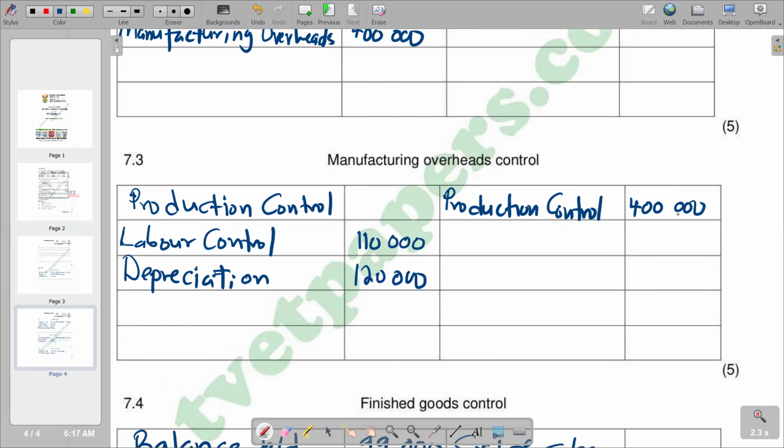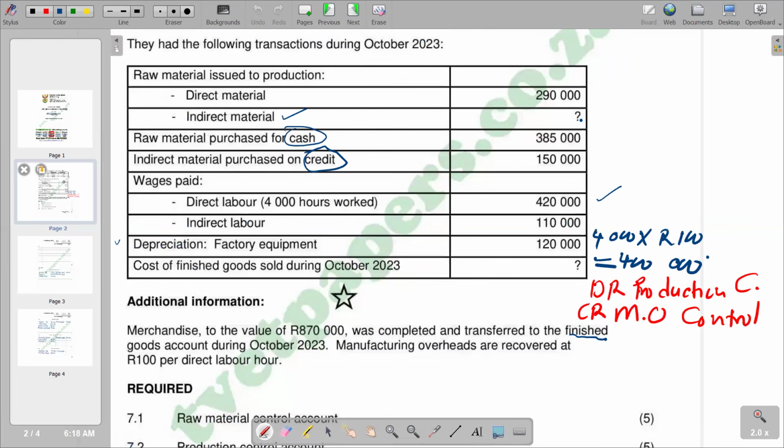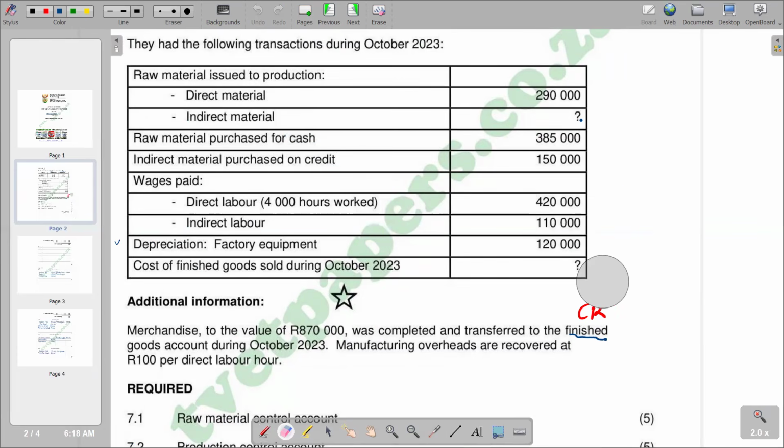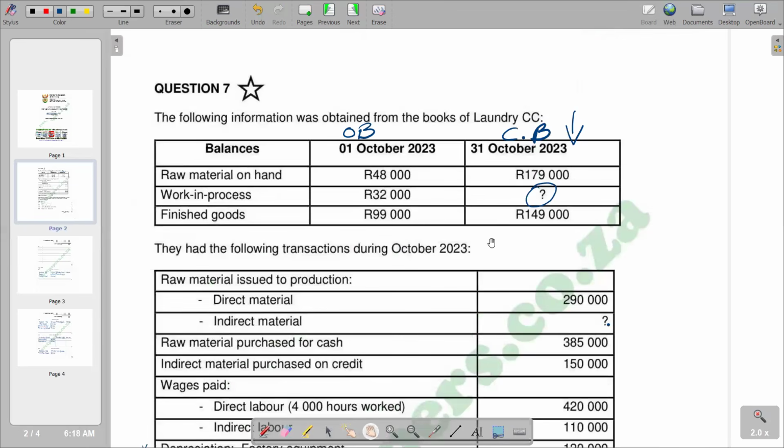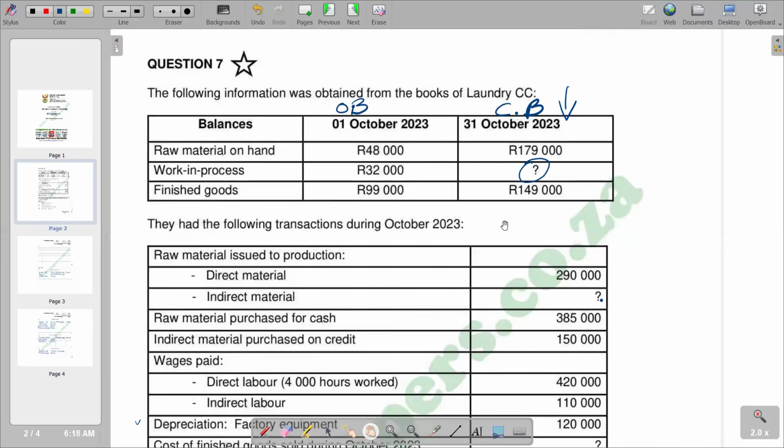Right, so with this, we know that we've entered all the accounts that are given in the question, and we are left now with our closing balances. We have our closing balances that we need to also enter, or we can start with the first one, raw materials on the end.